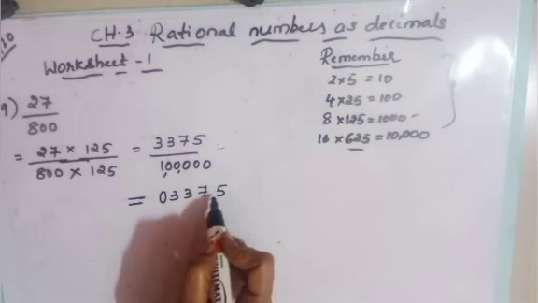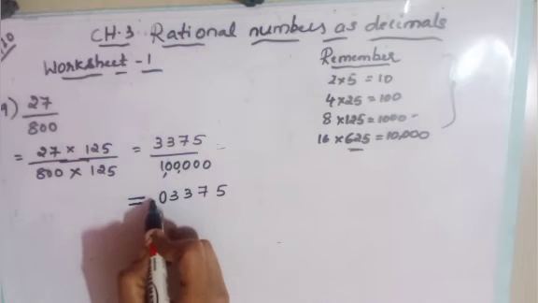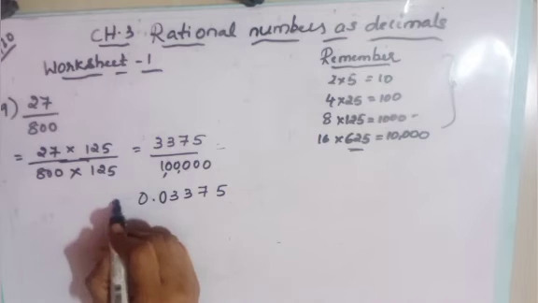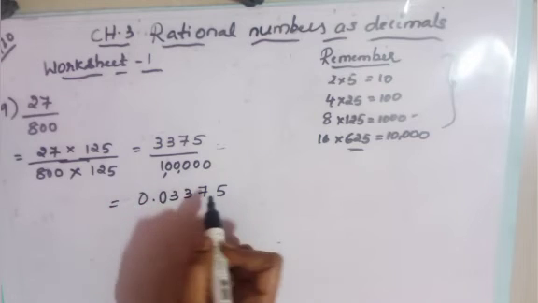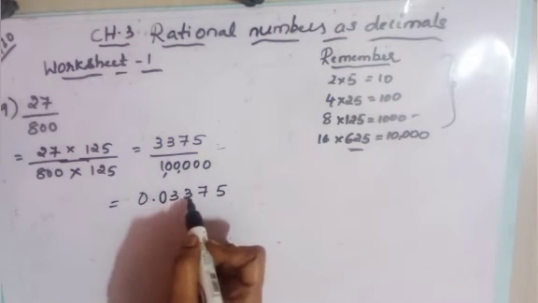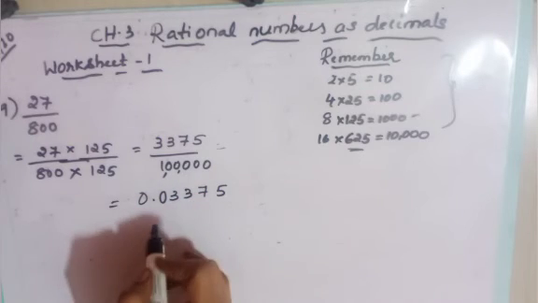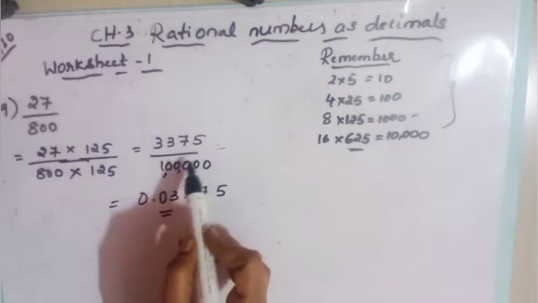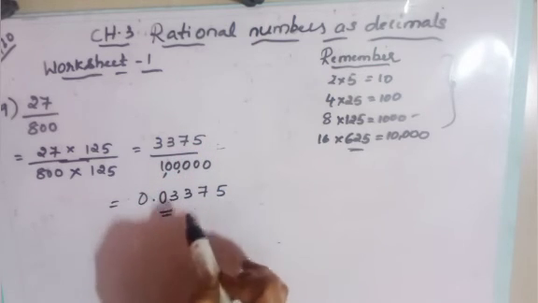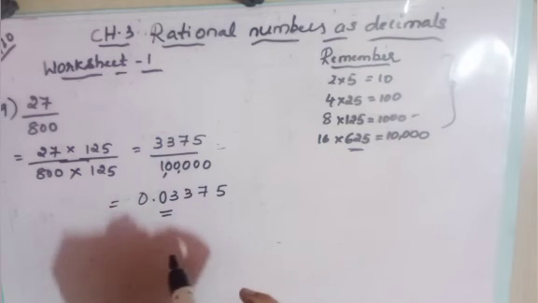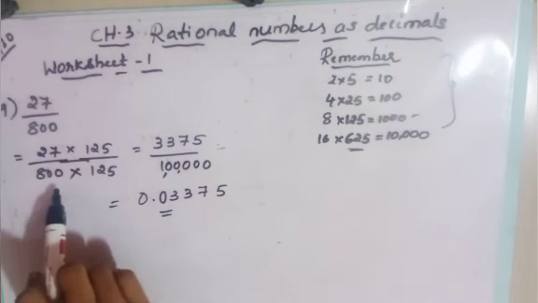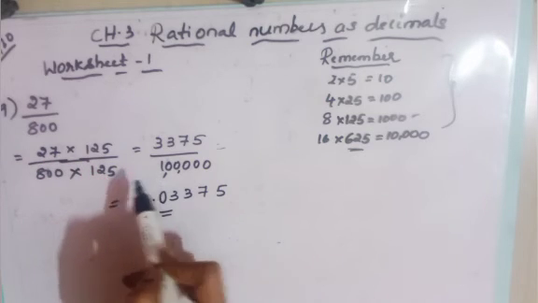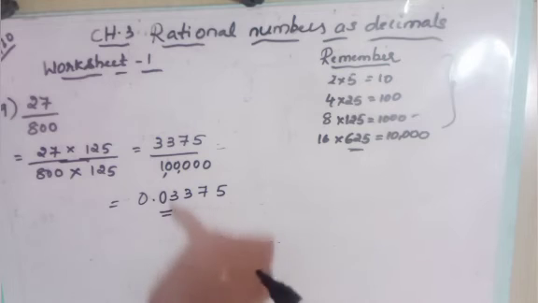Okay, 1 2 3 4 5, 5 digits. Next, the point, and then we write the 0. After the point, how many digits should be there? 5. 1 2 3 4 5. Okay, in this way we have converted 3375 divided by 1 lakh into the decimal form. So when we are converting into the decimal form, the rational number should be converted into a power of 10, then it will be easy to convert.